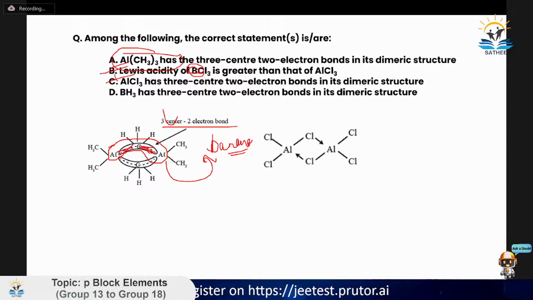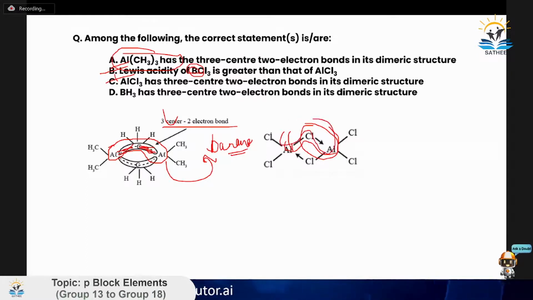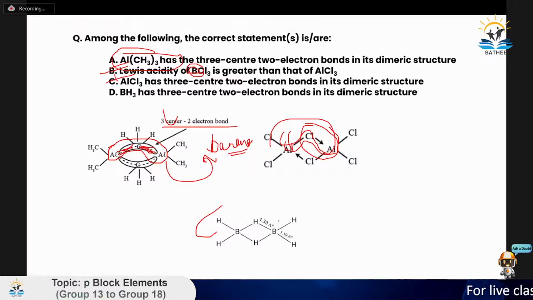Now, if you see AlCl3, it does not have a 3-center 2-electron bond, right? Sorry, it has a 3-center 2-electron bond here. But if we see BH3, that is not the case, because this is where the sharing is happening. It's not like this.